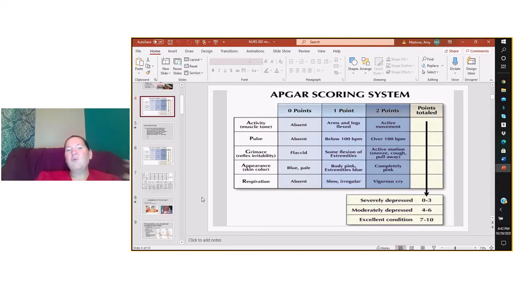And if they are crying in relationship to stimuli, you go to suction their nose and they are crying because it's uncomfortable, that gets them a 2. And I know the terminology on this chart you see on the screen is a little bit different. Go with the terminology you see in ATI. I feel like the terms they use are a little more specific.